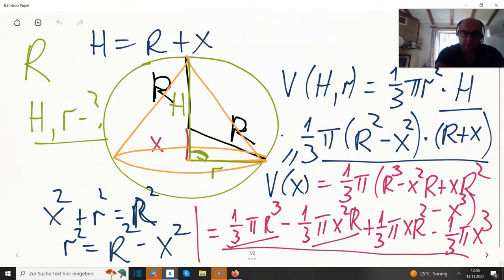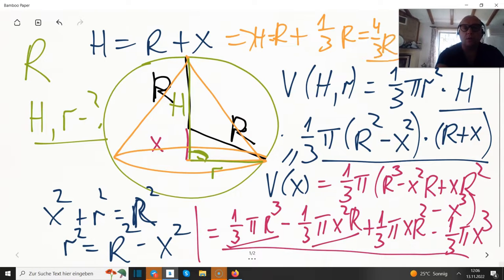It's great because as you can see, h is R plus x. So this is R plus a third of R. That means capital H is 4/3 of R. And what about the small value of r?